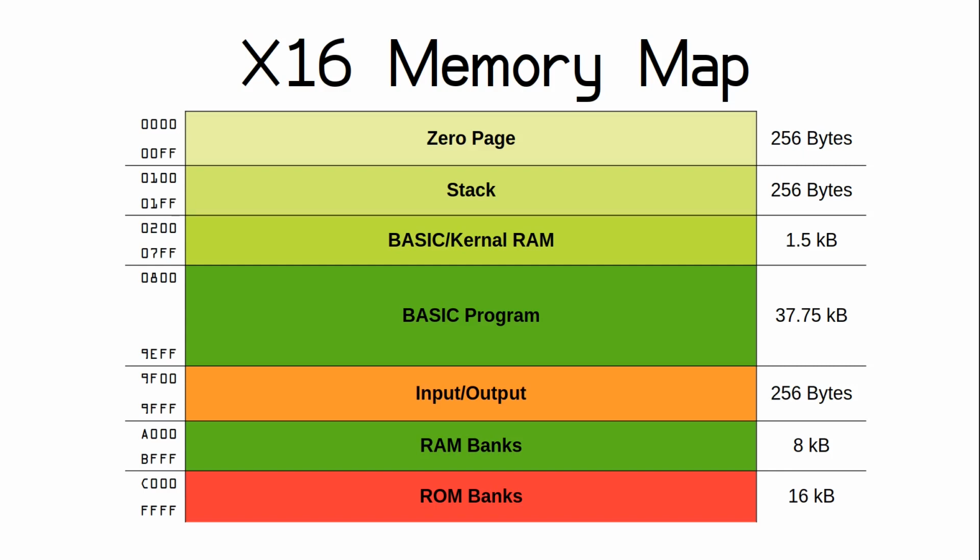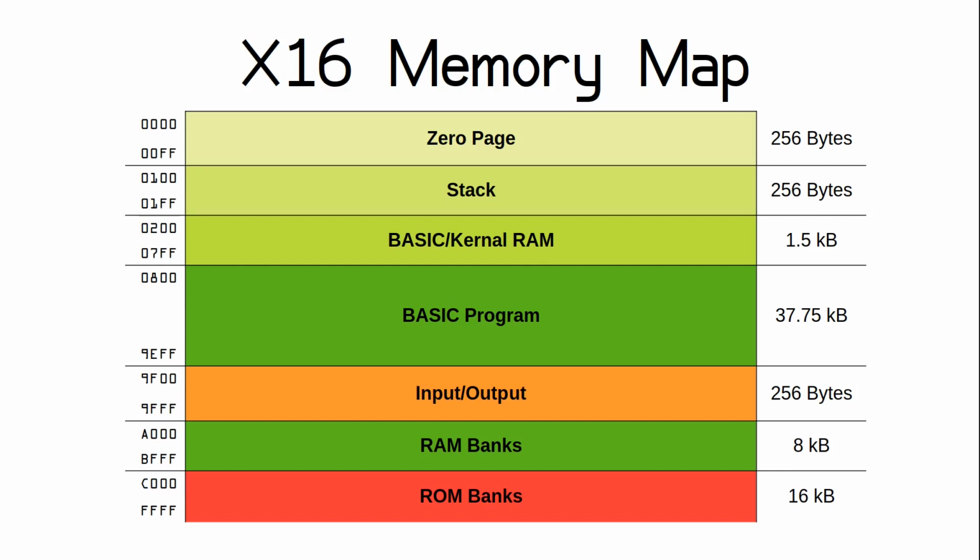It's just sitting there doing nothing. And it's always there. It's not banked at all. So you can put stuff in there for easy access, and you'll have it for the length of the execution of your program.